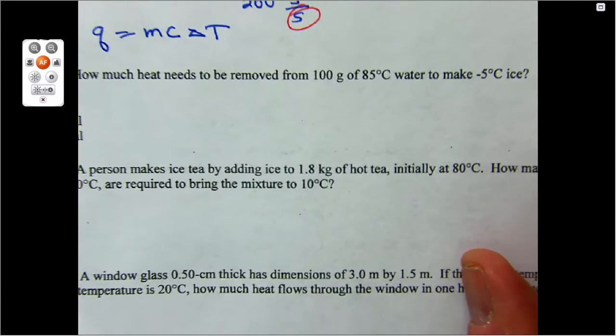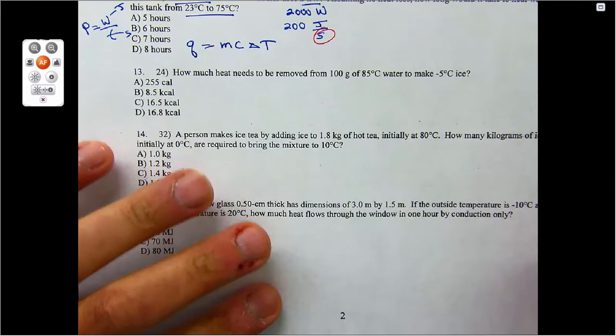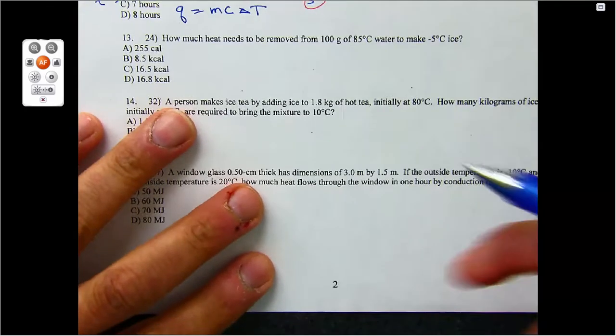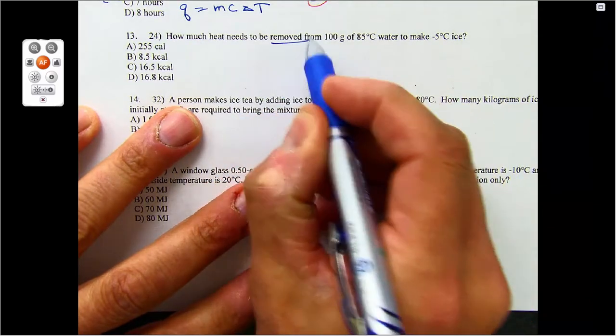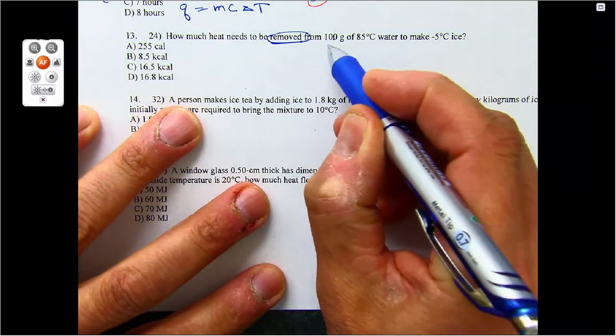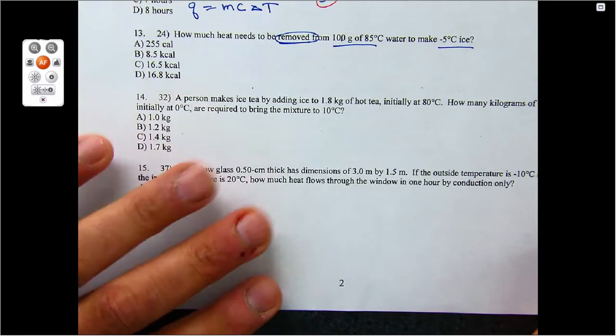Oops. What else do we have? Well, I'll outline it. I don't know what the answer is, to tell you the truth at this point. How much heat needs to be removed from 100 grams of 85-degree water to make ice at -5?